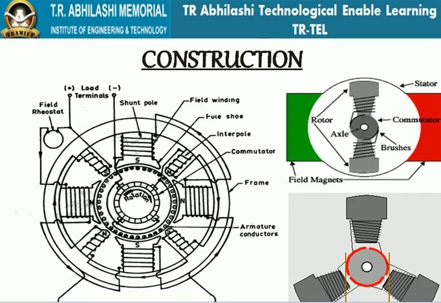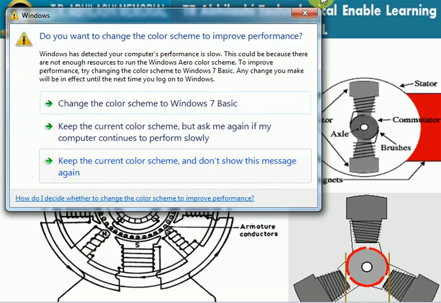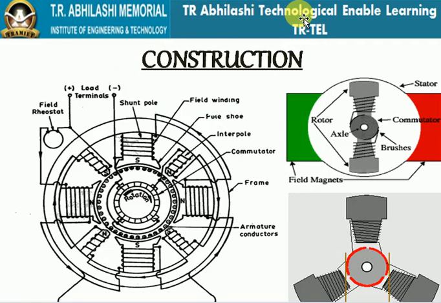This diagram you have seen earlier in the previous lecture. In this diagram we have some new things. For example, in the previous diagram we did not have interpoles. There are interpoles, these things are interpoles, and this diagram shows the direction of the windings and how they are connected.